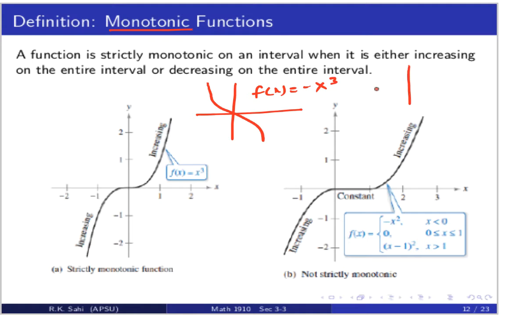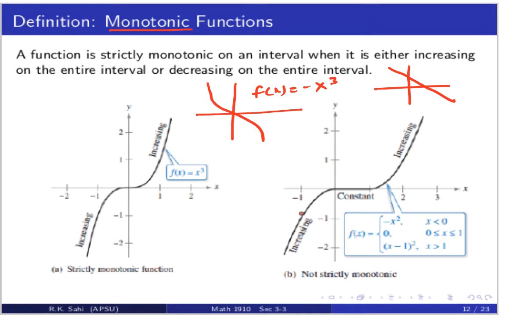Or you can have a function which is a straight line which goes down. That's again entirely monotonic functions. Now, the example of not strictly monotonic, suppose we have a piecewise function where the function is increasing from negative infinity to 0, then it is 0 from 0 to 1, and then from 1 onwards it is increasing.